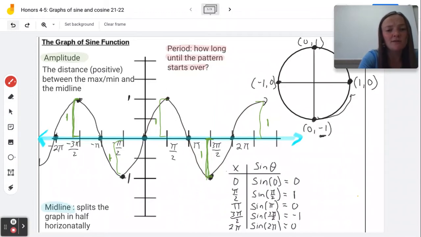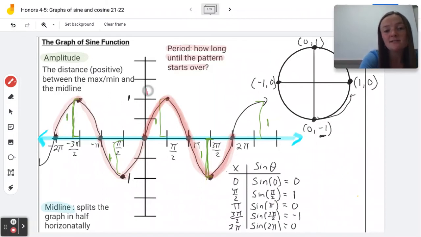So notice here, I started at the midline and I was going up, hit a max, went down to the midline, went down to the minimum again, and came up to the midline. So we can see that this segment right here is going to be a repeat for the rest of the function. You can see it here. Here's the same segment. Up from the midline, down to the midline, down to a minimum, up to the midline. So this segment is just going to be repeated over and over again.